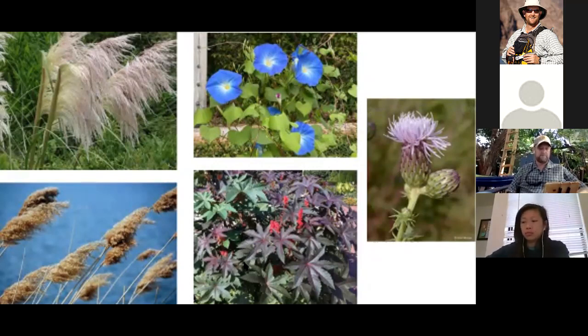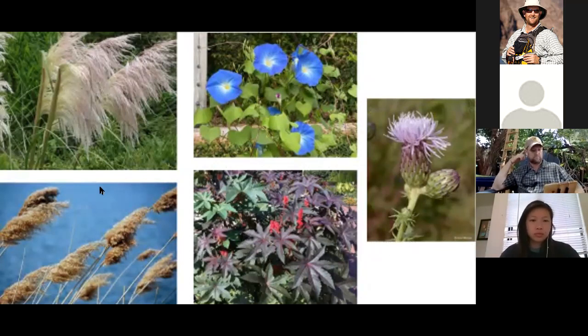They're not meant to be here. And the morning glory, beautiful plant, but it chokes out other plants. The thistle, also kind of attractive but very spiky, and that takes over. Castor bean is a pretty gnarly one just because it's super poisonous to humans and kills children and livestock and things yearly. So it's pretty gnarly.